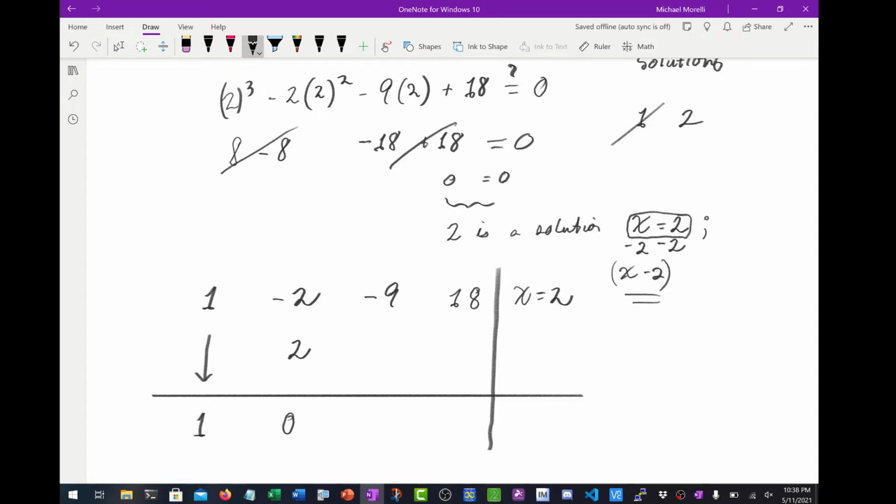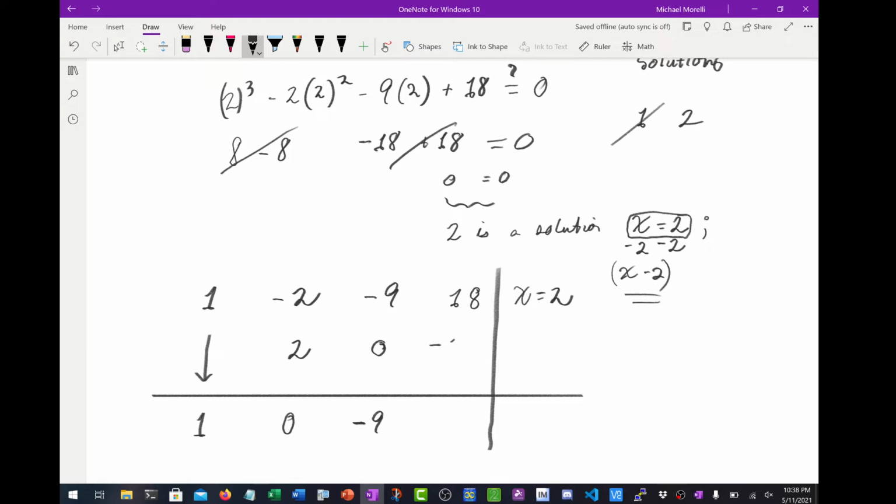Now I'm going to multiply 2 times 0, and then place that product right there. Well, 2 times 0 is 0, so put a 0 here. And then negative 9 plus 0 is negative 9. Now I'm going to multiply 2 times negative 9.